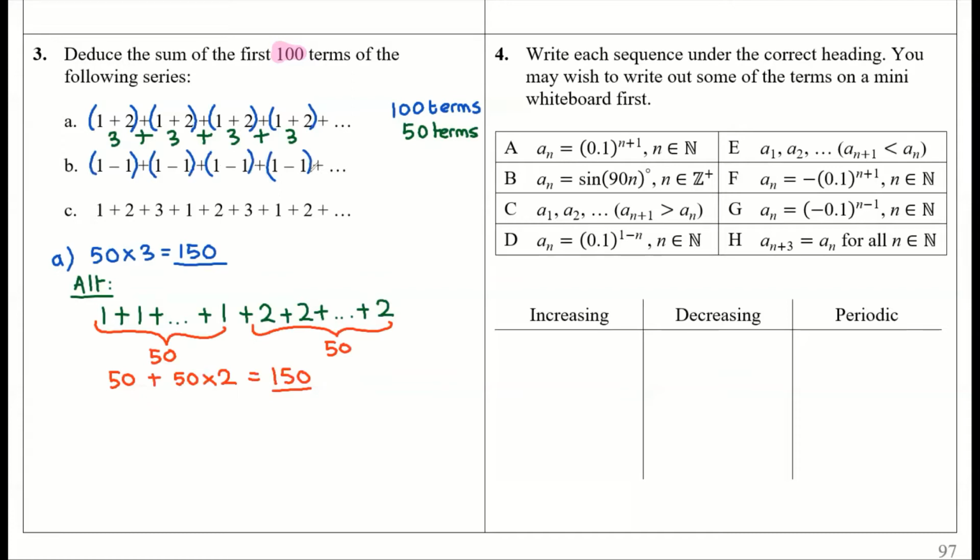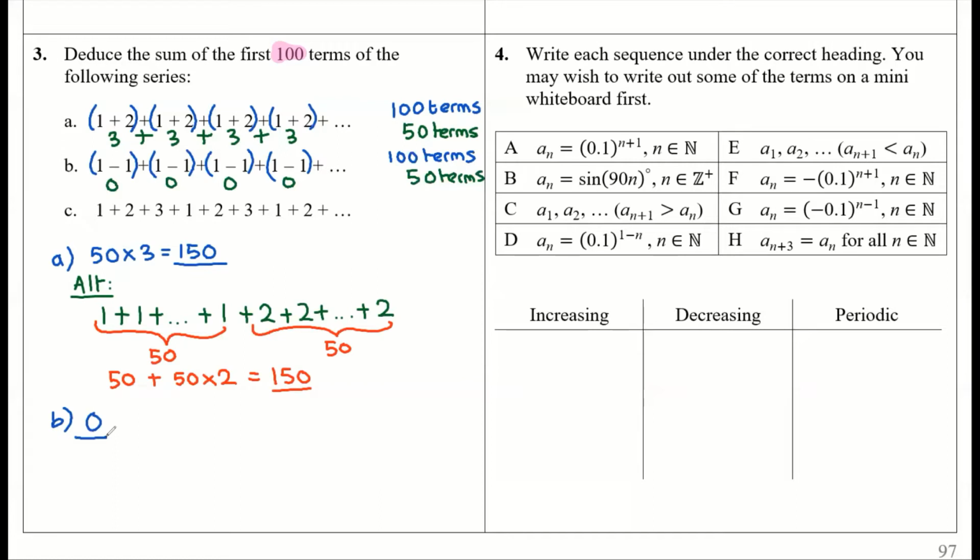And once again, if I had 100 terms initially, I can then bring that down to 50 terms. And these are all going to be 0. And we've got 50 zeros. All right, so the answer for B is obviously going to be just 0. Nothing more than that.